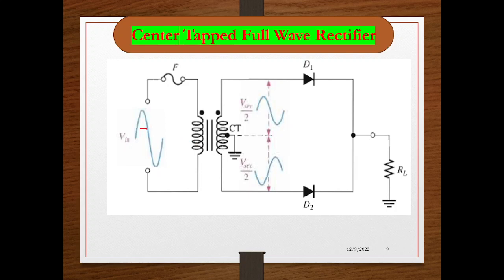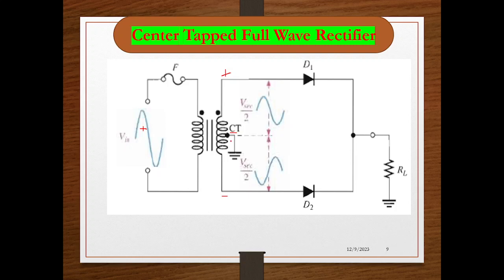Let us see this. During positive cycle, what happens? During positive cycle, this terminal becomes plus and this terminal becomes minus. So this is the center tap, due to which this plus and this is to be observed as a minus.